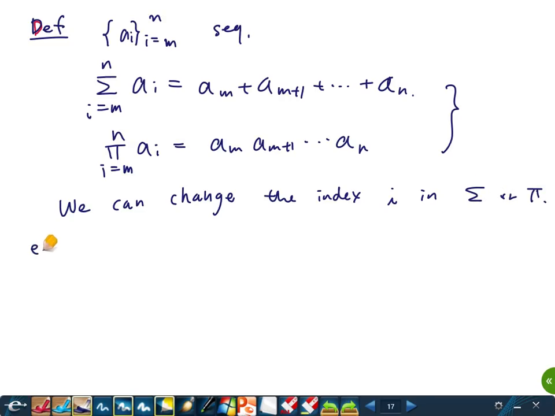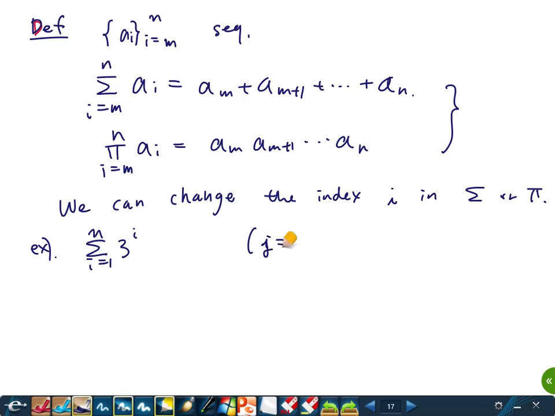For example, summation i from 1 to n, 3 to the i. Here we can say, okay, now I don't want i to start from 1. I want the index to begin starting from 0, for instance.